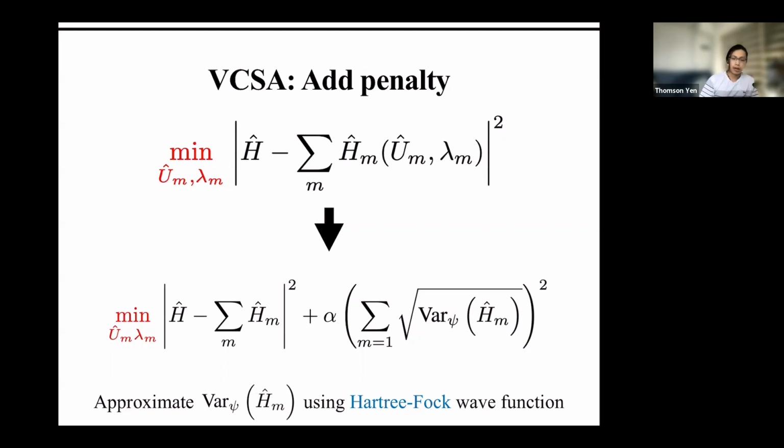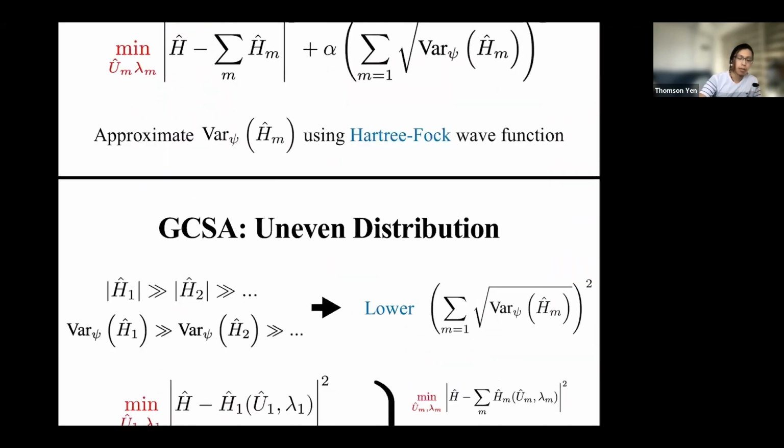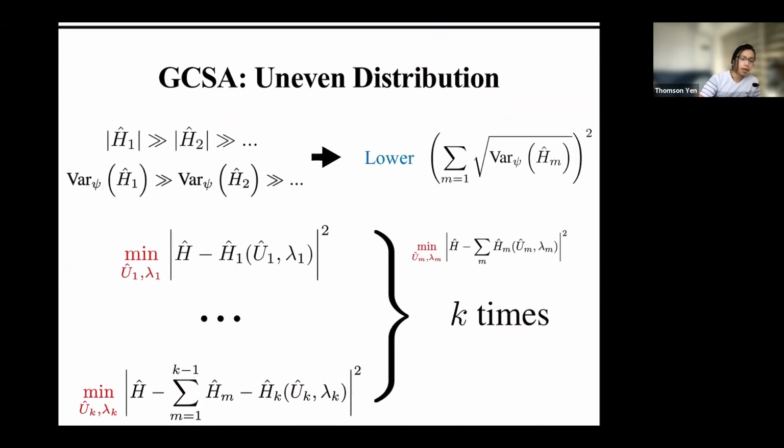Whenever that's the case, you can assume that within the cycles of VQE, you'll mostly prepare a wave function psi that is close to the Hartree-Fock wave function as well. So you could classically approximate these variance terms using a Hartree-Fock wave function. The good thing about that is it's fairly easy to compute those wave functions. So that was the first heuristic.